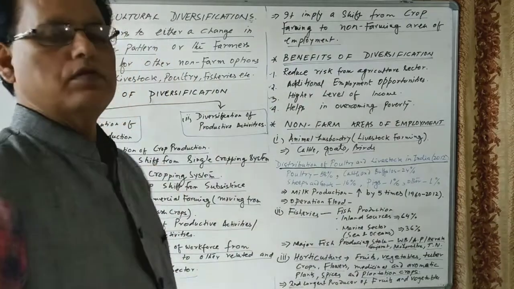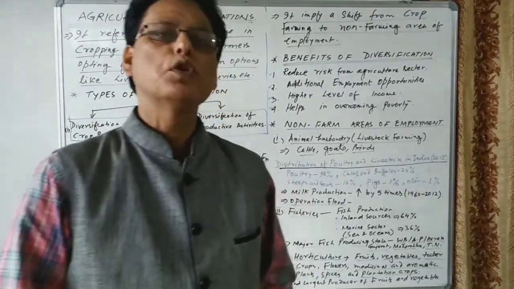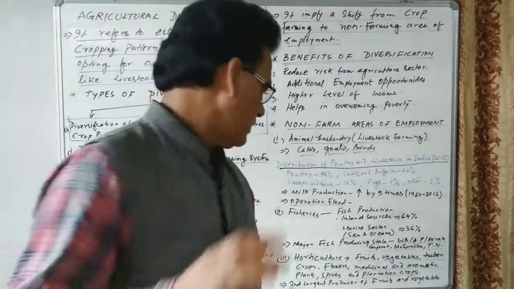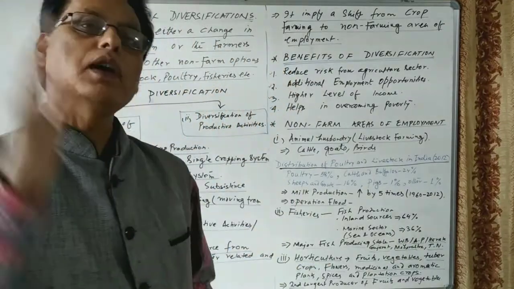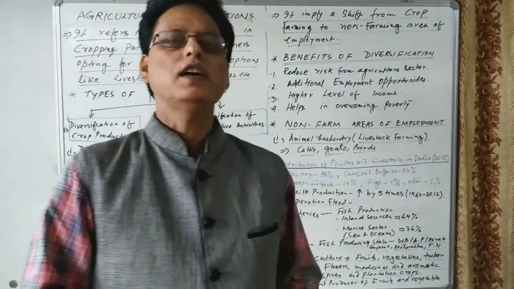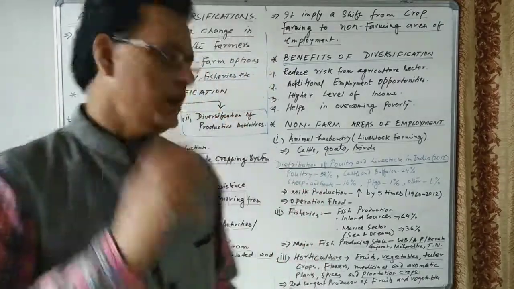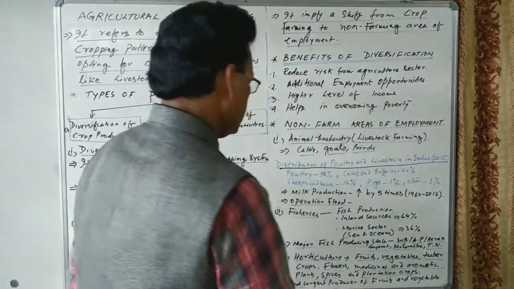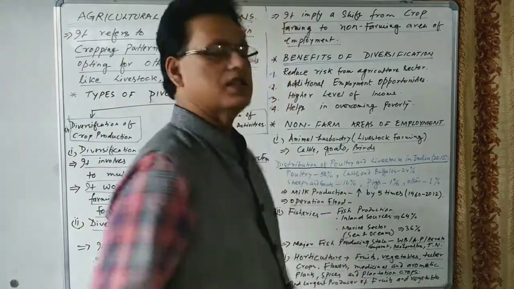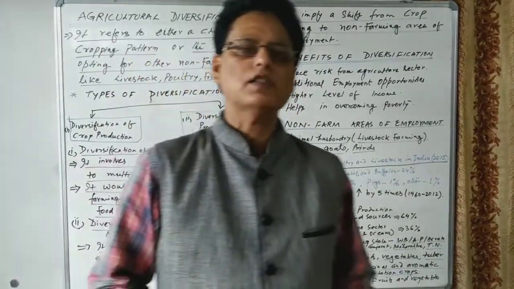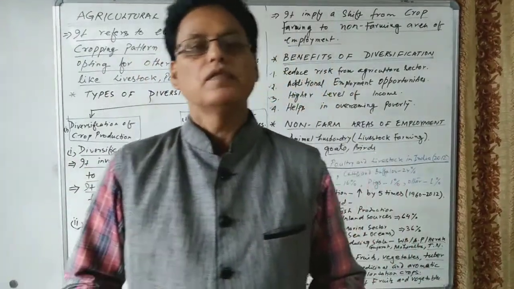India, we know, is a major producer of different fruits. India is the leader in the production of fruits. Here it is given, the second largest producer of fruits and vegetables.